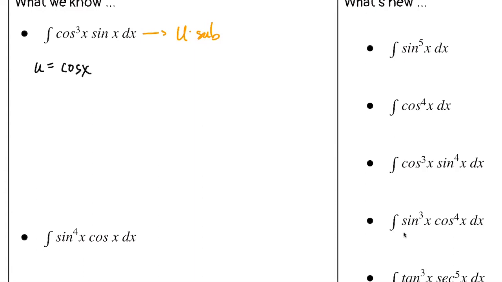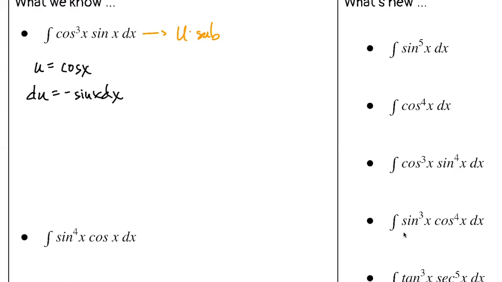With u substitution, it's generally a good idea to have u be whatever is raised to a power. Cosine is raised to the third power, so u is cosine. That makes du equal to negative sine x dx.